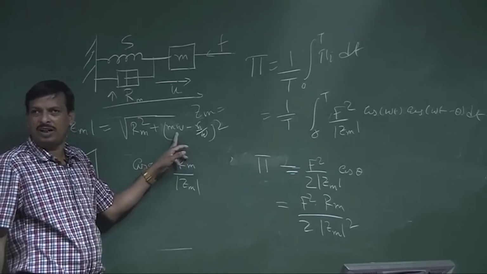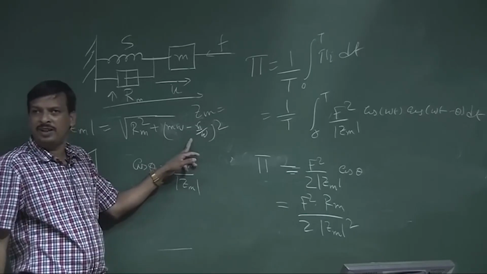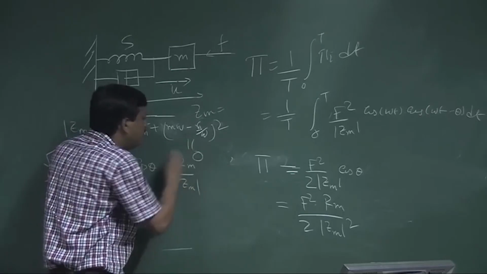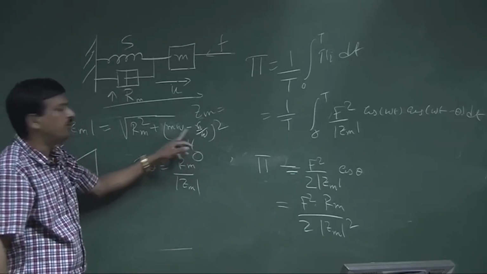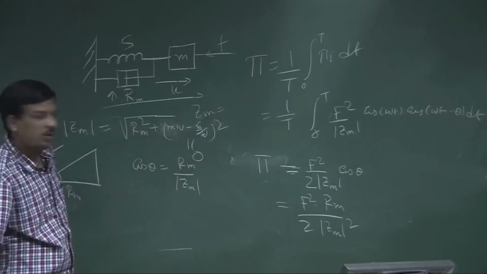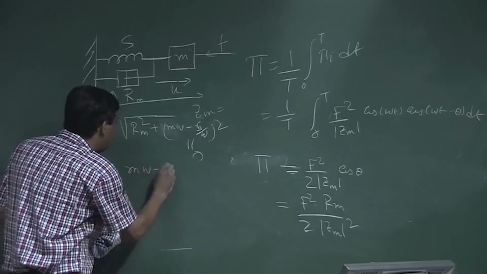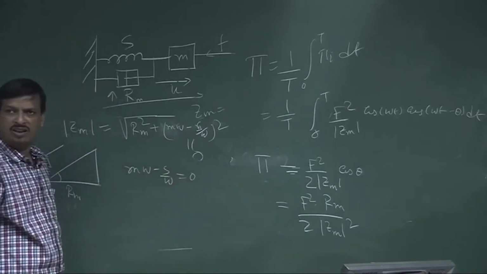So, at certain omega, if this term is equal to 0, then Zm is minimized. When will this term be 0? When m omega minus s by omega is equal to 0. That is the condition I want.